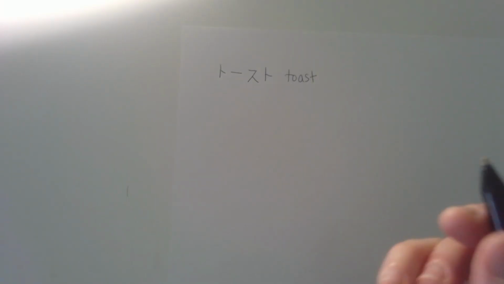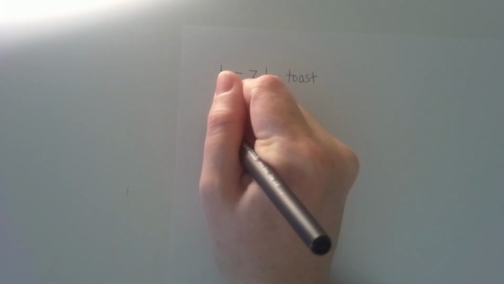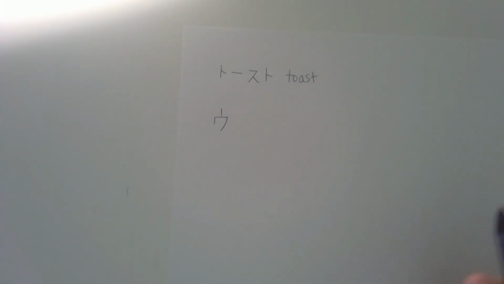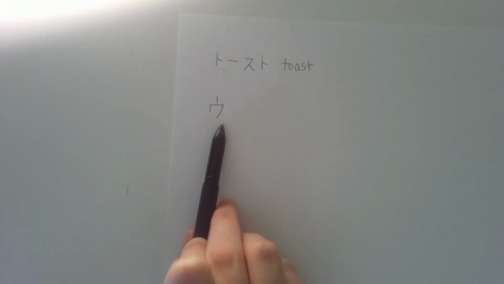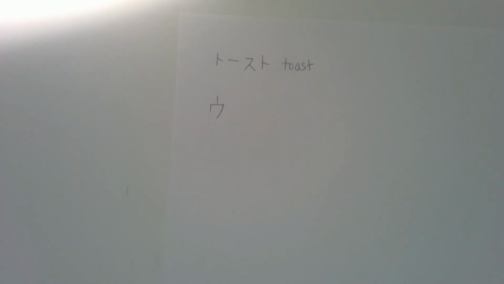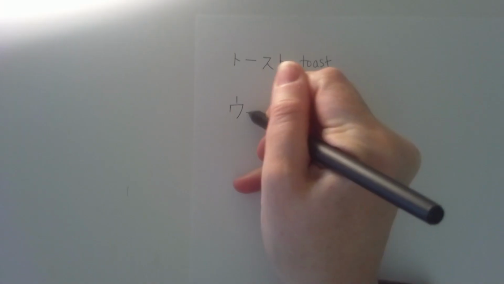The next thing I want to show you is this is the u katakana, and it also can be combined with other vowels. It can be combined with a small a.